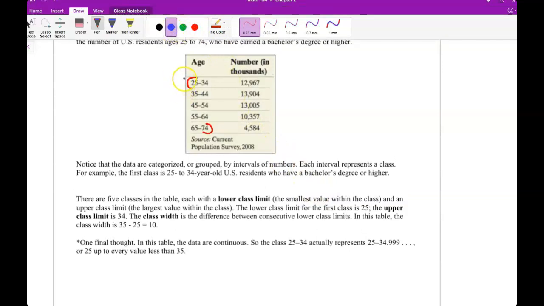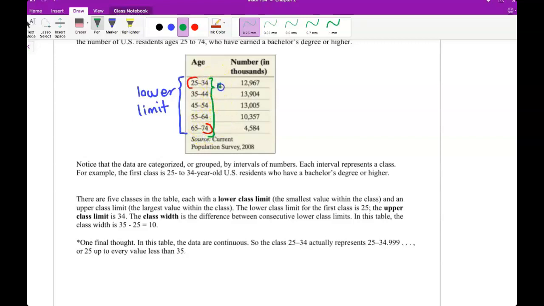Okay, so what we have here, we have two columns, the first column and second column. The first column that we have, these data 25, 35, 45, 55, 65, these are lower limit. And what we have here on the second column, 34, 44, 54, 64, and 74, these are upper limit.